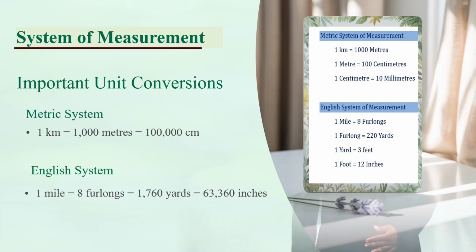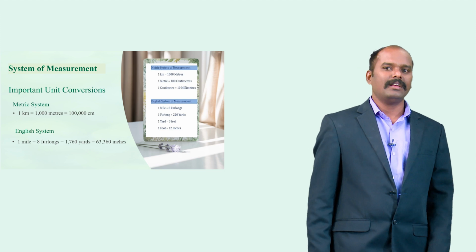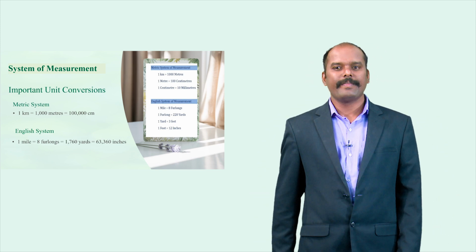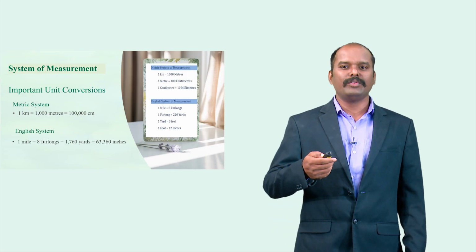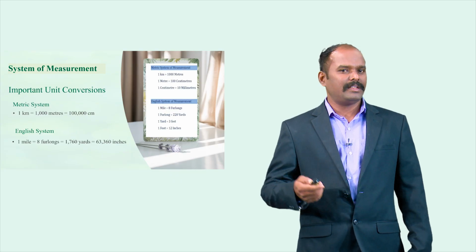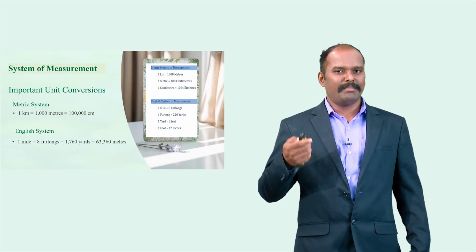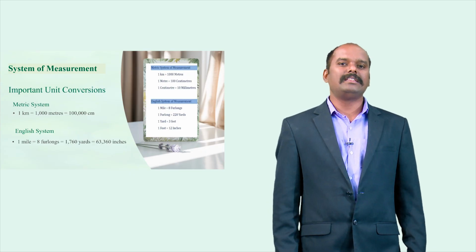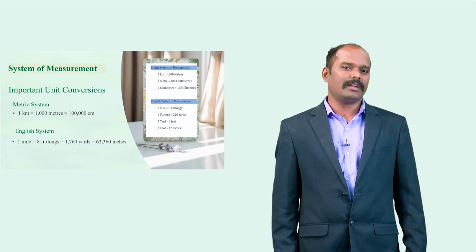Now, the system of measurement we were discussing a few minutes ago, centimeters, inches, this is one basic idea. Whatever scale you are going to construct in the map will have some numbers and a system of measurement. Two major systems are followed by cartographers.